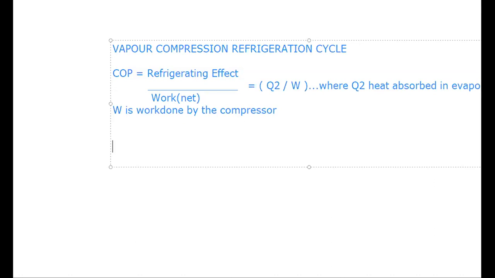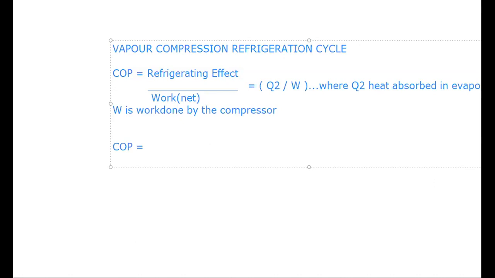So what is the COP here? Heat absorbed in the evaporator we have to take from the diagram. Look at the same TS diagram once again. The TS diagram shows the process in which heat is absorbed is process 4 to 1.